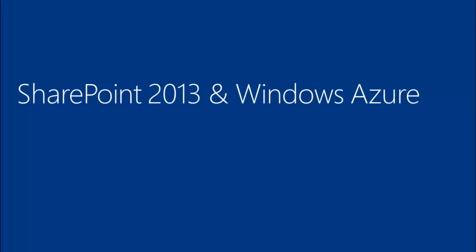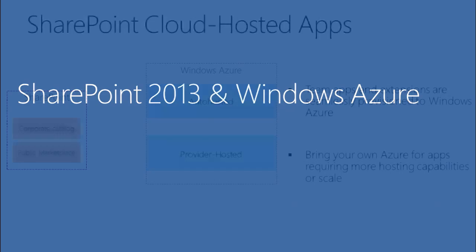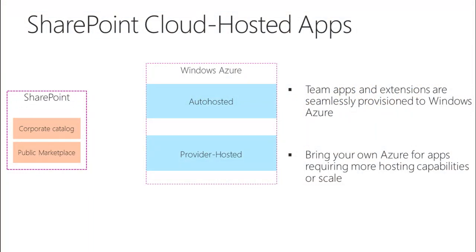Now, if we think about 2013 in Windows Azure, you've probably seen some auto-hosted model. There's basically two models. If we think about this slide as grounding how I should think about Windows Azure in relation to cloud apps, the first one is auto-hosted. When you build and deploy an auto-hosted app, part of that app goes into Azure, part of it goes into SharePoint.